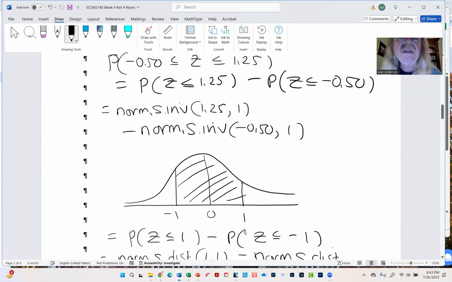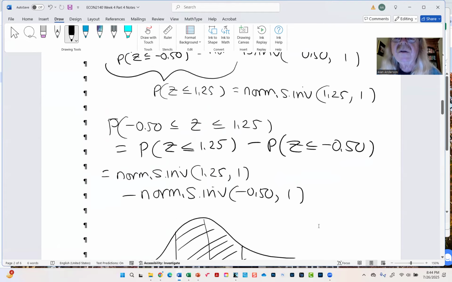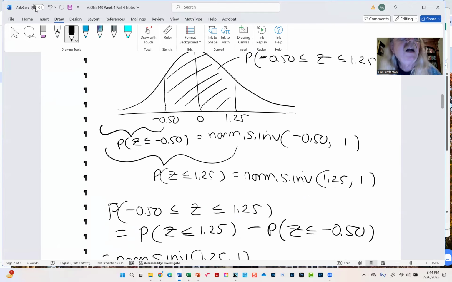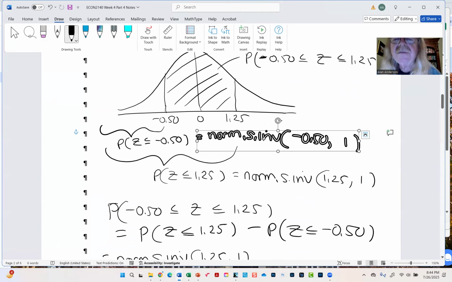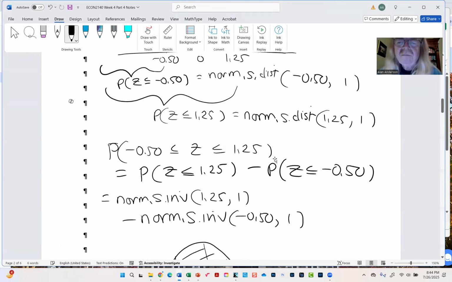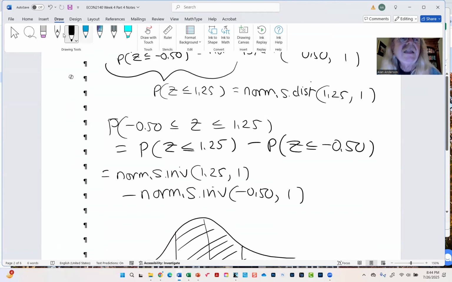Oh, wait a minute. What did I do? You know what I just realized? I wrote the wrong thing up here. Sorry about that. I don't know what I was thinking of. This is dist. We don't know what INV means just yet. I apologize for this. This is dist. We'll see in a few minutes what INV is for. Yeah, it's been a long semester, right?